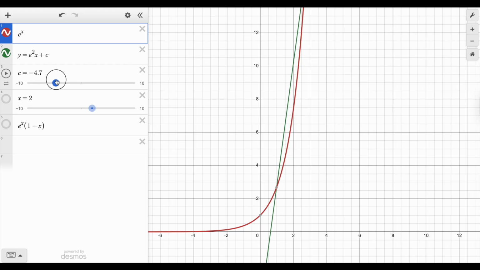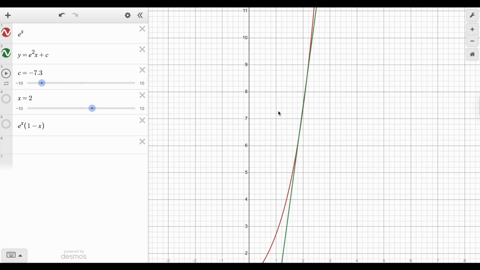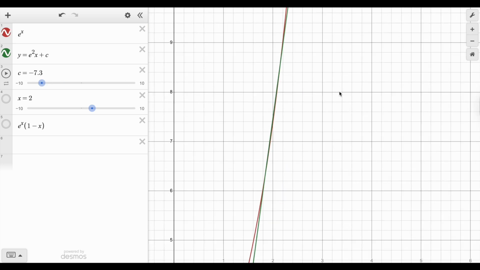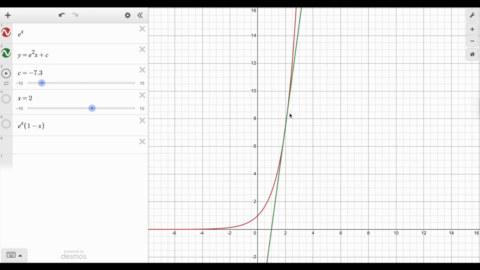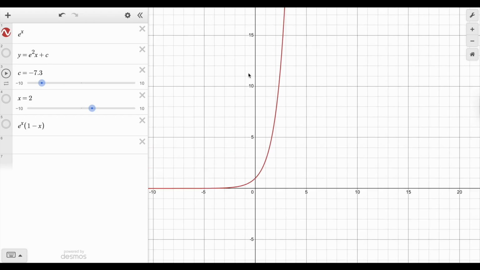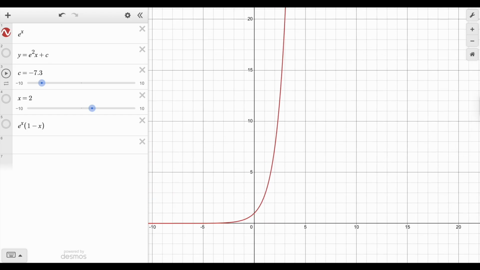And now c is just a constant that we have to choose. You can find it through algebra easily, and now we can really see that when c is about negative 7.3, this line really is tangent to e to the x. So e to the x is an exponential function, but also its value will always be its slope at that point x, and this is a really special property.